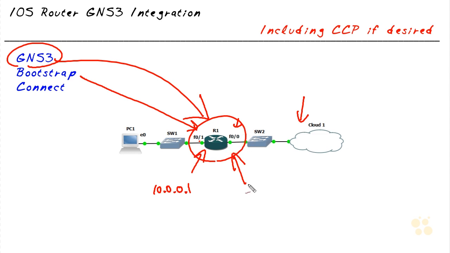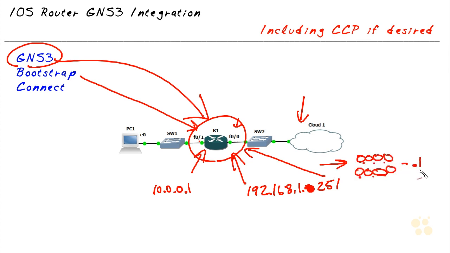In fact, I just decided let's hard code it. 192.168.1.0, and of course we can't use a 0 there because that's the network. Let's use 251 as the IP address on the FA0/0 interface. And we'll also set a default route that points to .1 on the 192.168.1 subnet. And that router is right there, and that goes out to the internet.